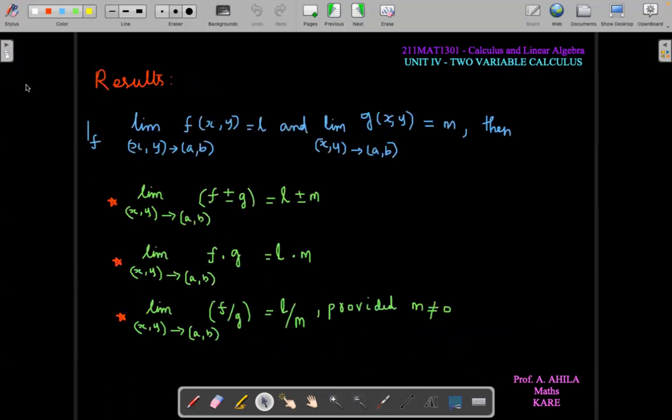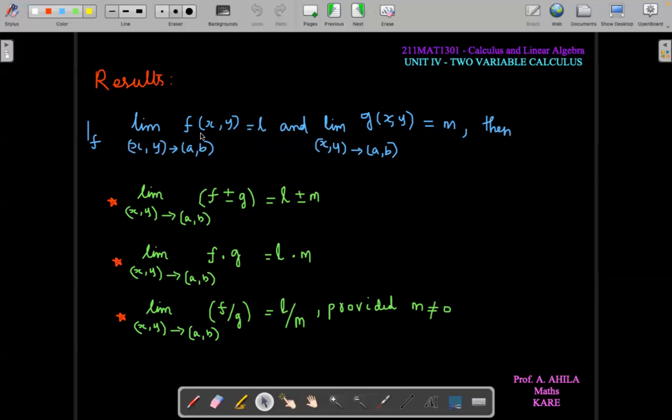Okay, we see some results regarding this limit. So if we have the limit of f of x comma y, as x comma y tends to a comma b, and the limit is L, and the limit of another function g of x comma y, as x comma y tends to a comma b, which we find as m.